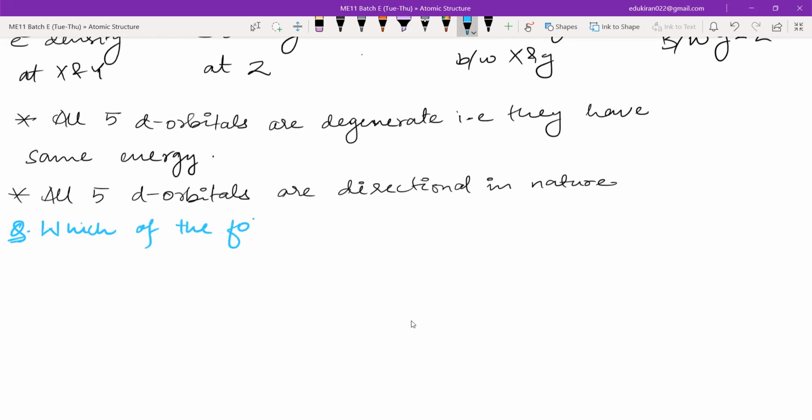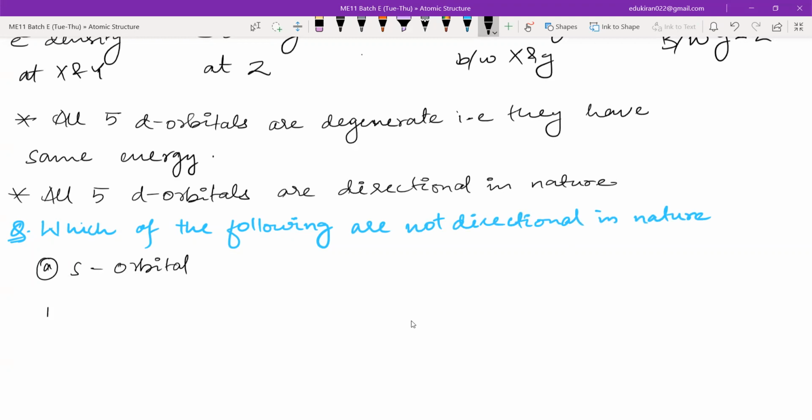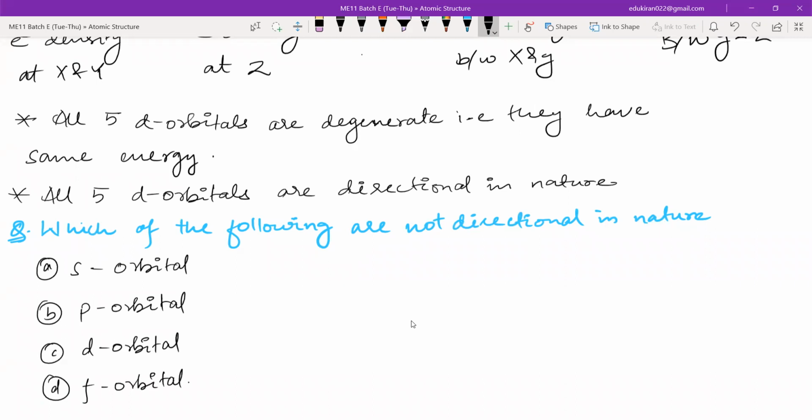Which of the following orbitals, say is or are, right?